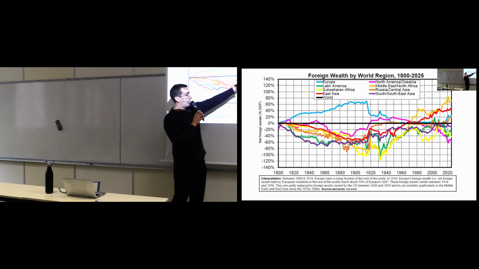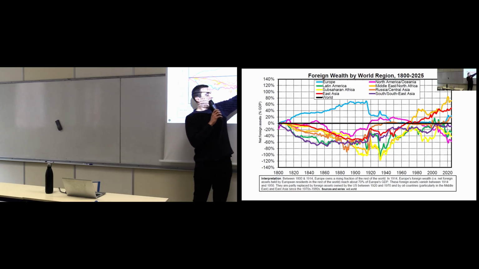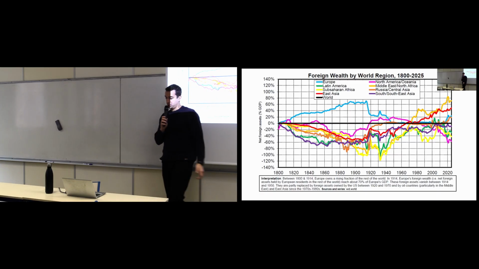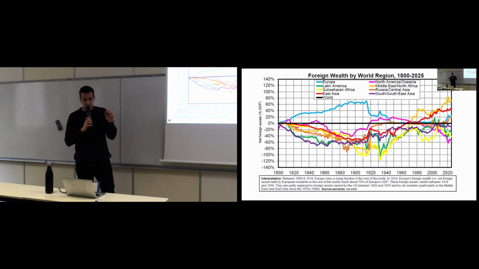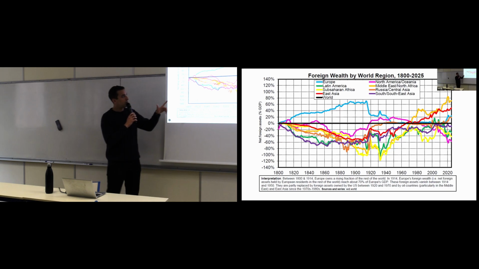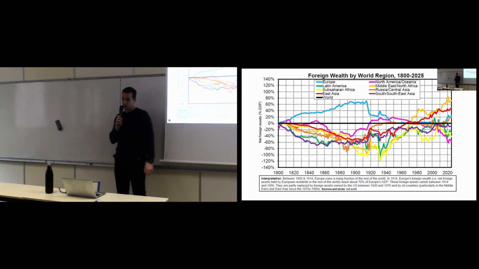And we see since the 80s, 70s, the rise of East Asia, which is the red line, mostly Japan and China, based on the export of manufacturing, and also the rise of the Middle East and North Africa line, the orange one, which is mostly accounted for by the export of fuels.